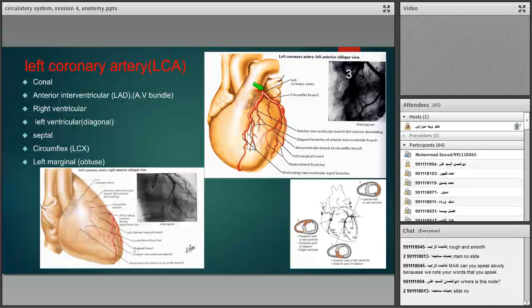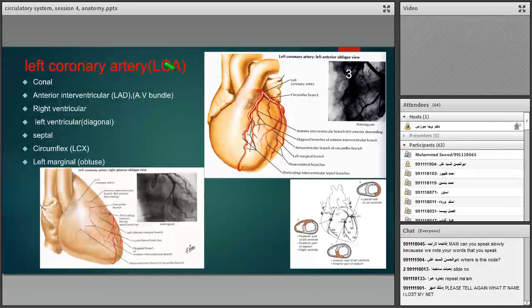It is placed between the pulmonary trunk and the left auricle. The left coronary artery is placed between the pulmonary trunk and the left auricle. It is also called LCA, left coronary artery.